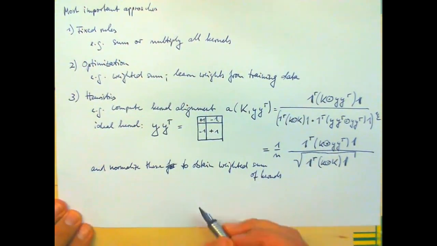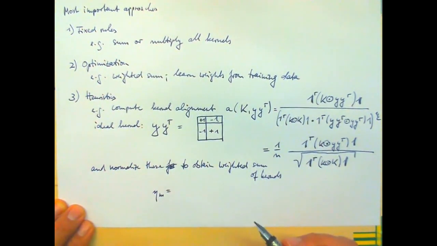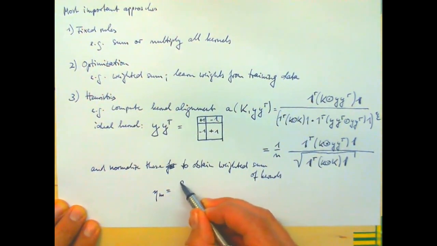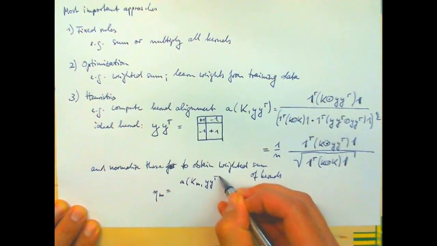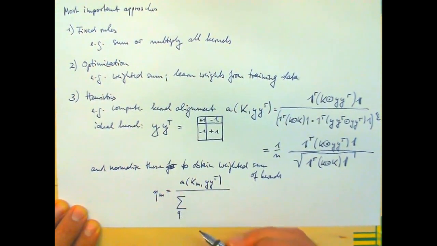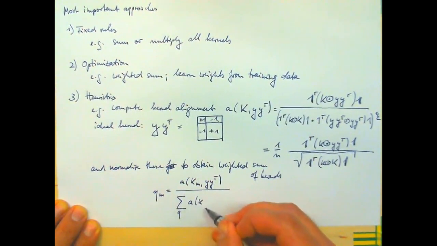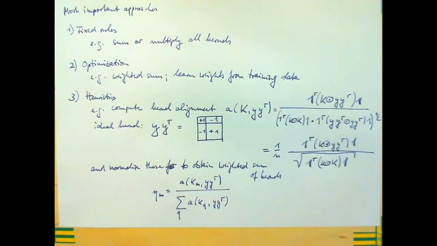And the weight of kernel number m in your expansion would be the alignment of the mth kernel with the ideal kernel divided by the sum of the alignments of all other kernels. So this is not derived from first principles. This is just something that can be motivated and that is useful in some examples.